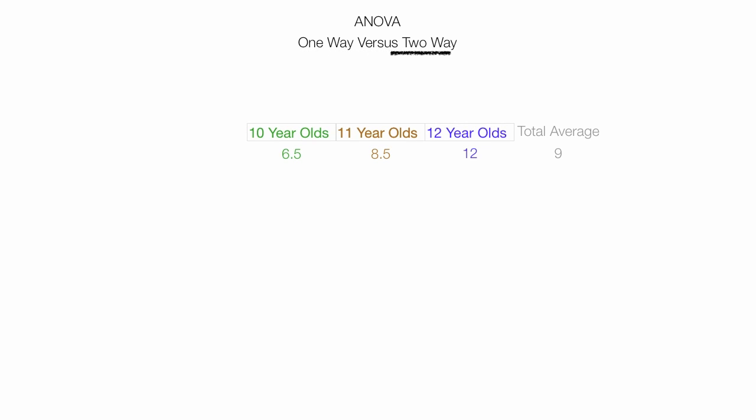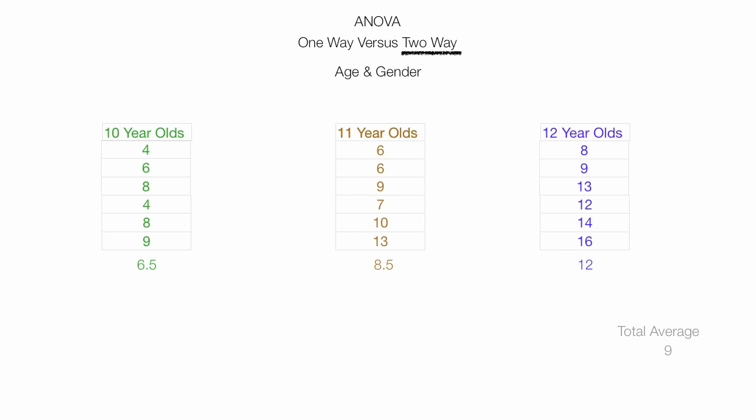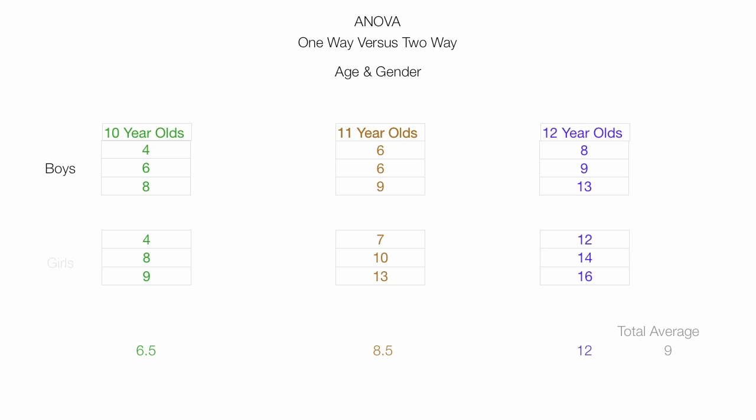Now in a two-way ANOVA, it's different. It's more complicated. So let's imagine I want to analyze my data by age and gender. So I'll put everything back, and let me put my test scores back in for the 10-year-olds, 11-year-olds, and 12-year-olds. Now I have everything the way I like it. Above, the first group of data I'm going to label as boys, and the bottom group is girls.